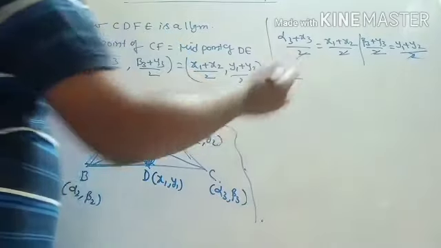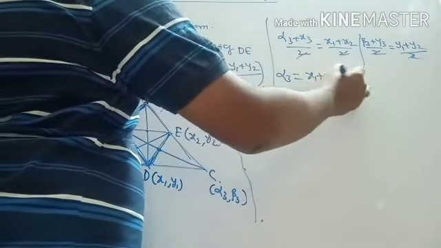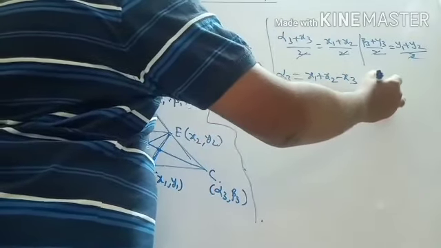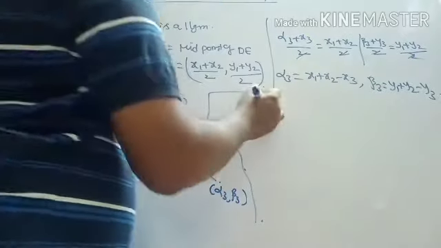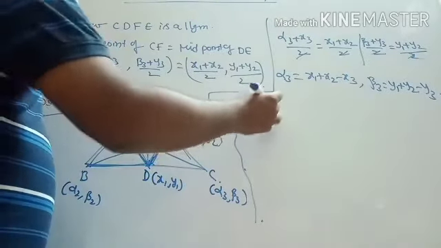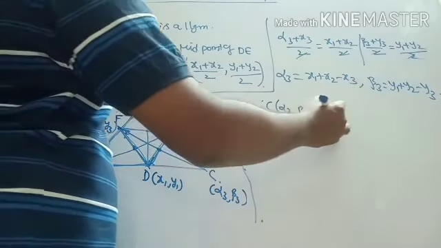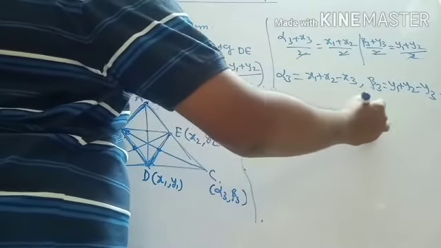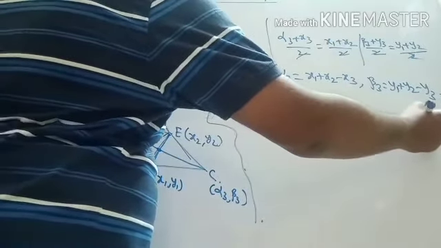From this alpha 3 you have got as x1 plus x2 minus x3, and beta 3 is y1 plus y2 minus y3. Therefore, the vertex C is alpha 3 comma beta 3, that is x1 plus x2 minus x3 comma y1 plus y2 minus y3.